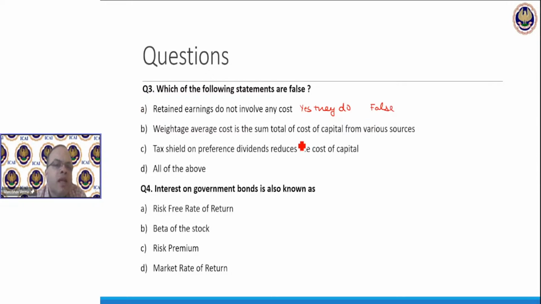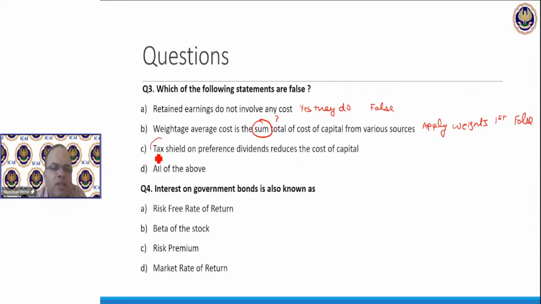Weighted average cost is the sum total of cost of capital from various sources. I have a problem in this word, sum total. The word is weighted average, so you have to apply the weights first. Hence, this is also false. Tax shield on preference dividend reduces the cost of capital.